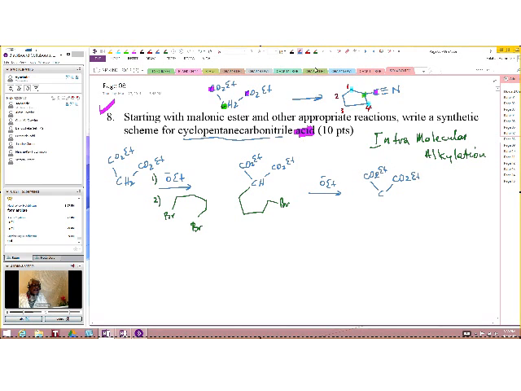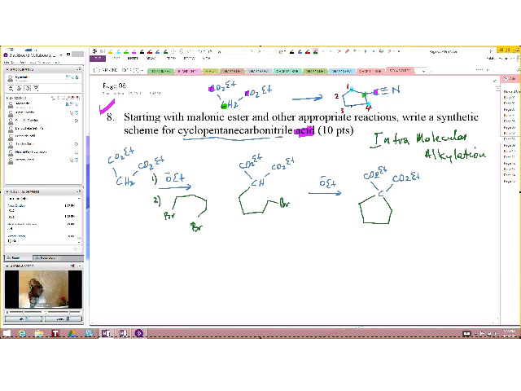Now, this will now be here. Got the green pen, yes. Okay, that is 1, 2, 3, and 4. So now we form our 5-member ring molecule. Now, what is the next step that we need to do? Keep in mind, ultimately, this is where we want to come to.